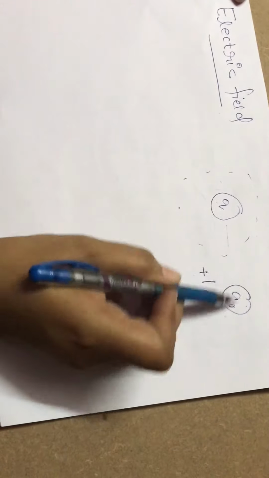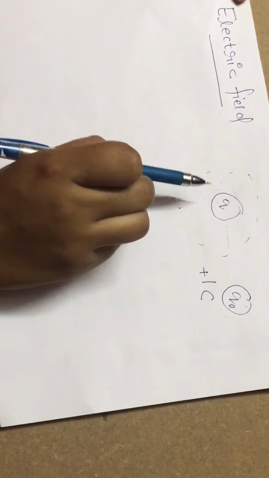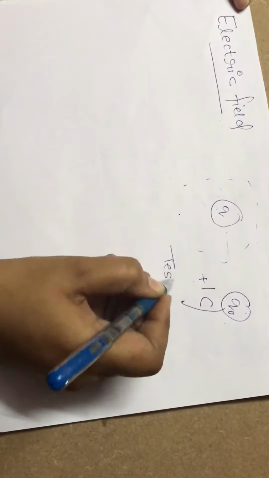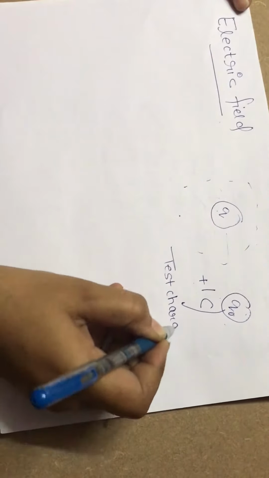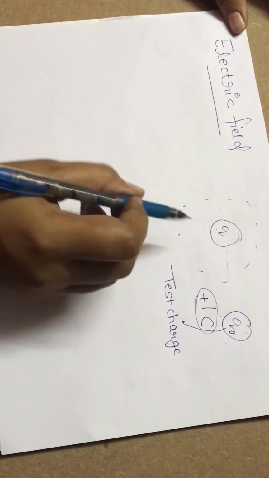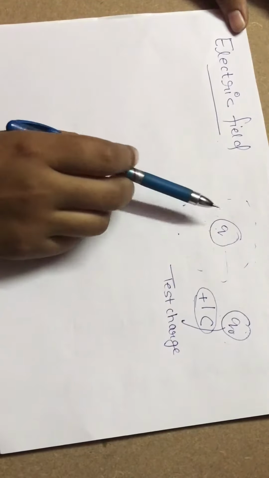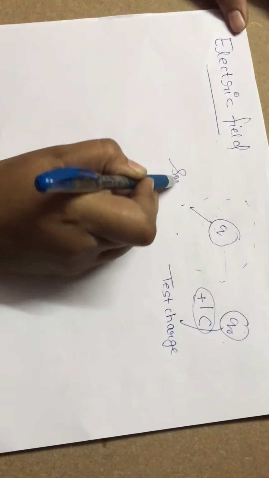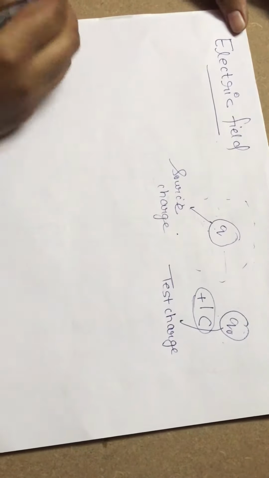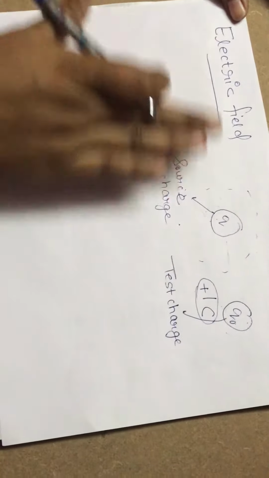So the charged particle which is used to detect whether the other particle is positive or negative is called the test charge. And it will always be of unit magnitude. Whereas the charge which we want to identify as positive or negative is called the source charge, from which electric field lines are emitted or absorbed. Okay, so this is the electric field.